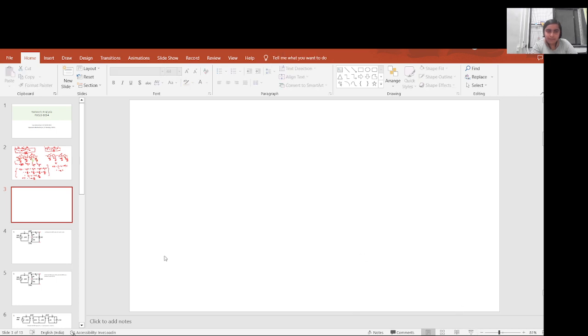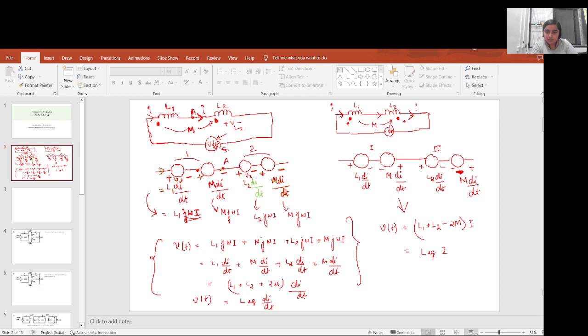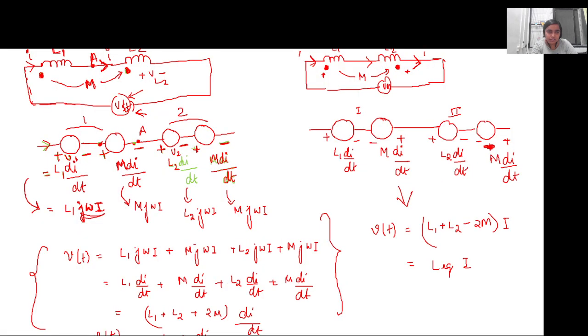Ma'am, I have a doubt. In the second inductor, you have shown that mutual inductance M di by dt, you are using it as minus plus symbol. But current in the first inductor is flowing through the dot, ma'am. It is not leaving. So how did you put minus plus instead of plus minus?